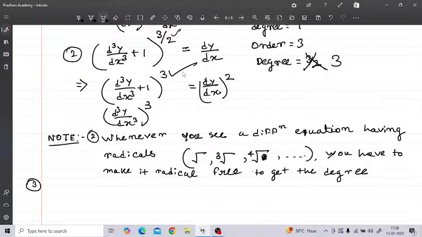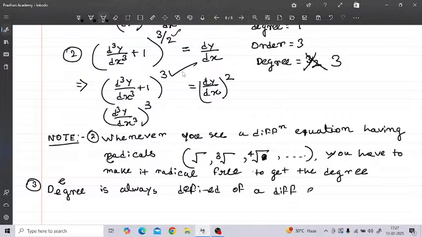The degree is always defined of a differential equation which is a polynomial of derivatives.